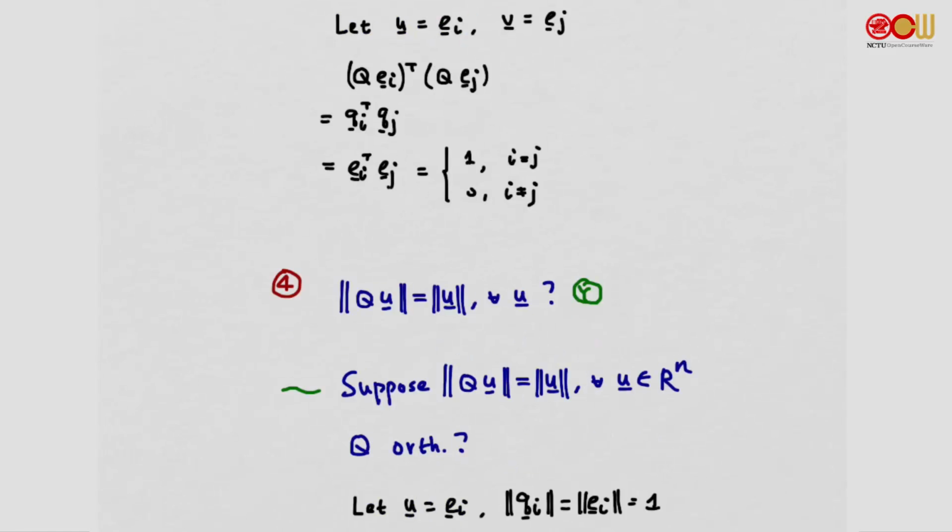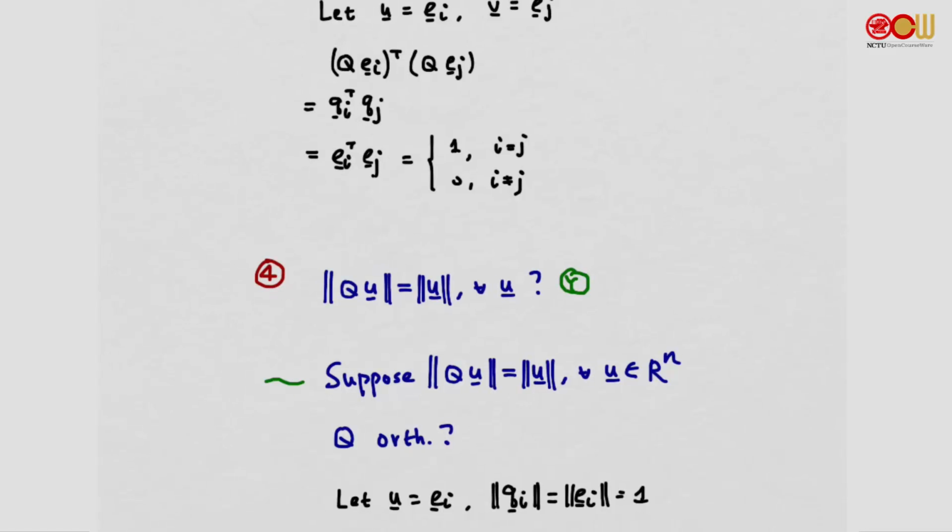The first one is easy to answer because it preserves norm. If we just choose U to be the ith standard vector, then on the left-hand side, we get the norm of the ith column vector of Q, and on the right-hand side, we get the norm of e_i, which is equal to 1. So all the column vectors of Q have unit norm.